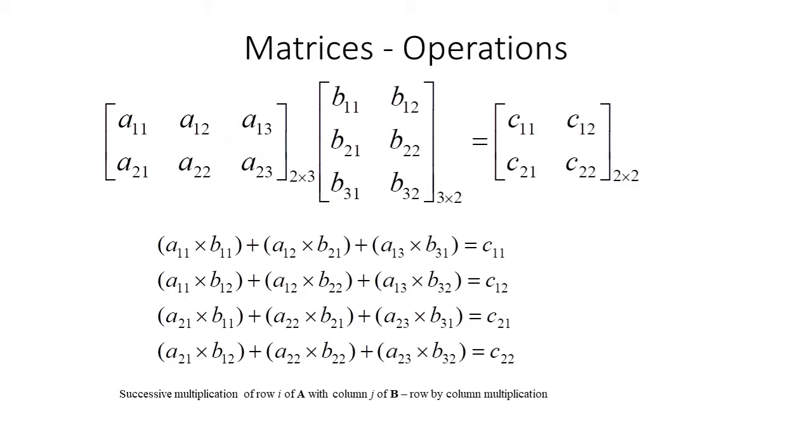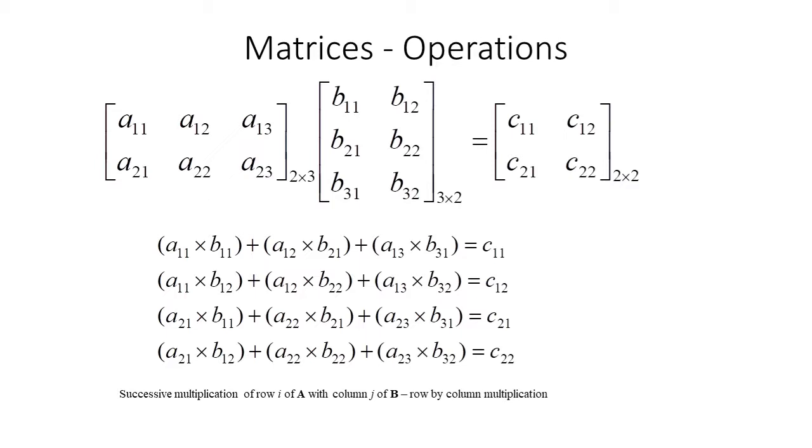Now we have to see what the answer will be. Is it possible to multiply? So now we check: the number of columns of the first matrix is 3 and the number of rows of the second matrix is 3. It is equal, so therefore we can multiply both the matrices.